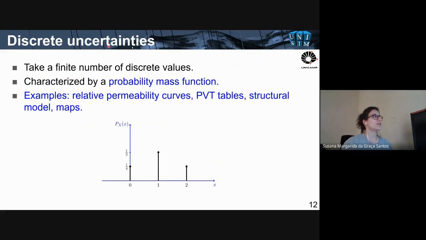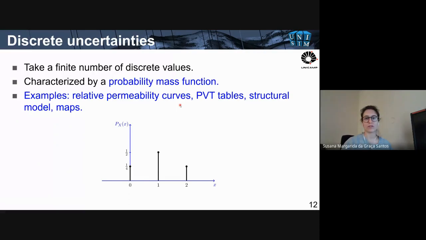When you talk about discrete uncertainties, they can take a finite number of discrete values, no longer a continuous range. For example, the relative permeability curves, okay? Usually we don't treat them as continuous between two possible curves.